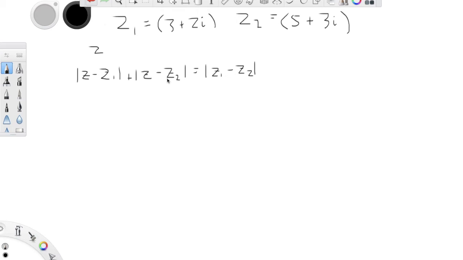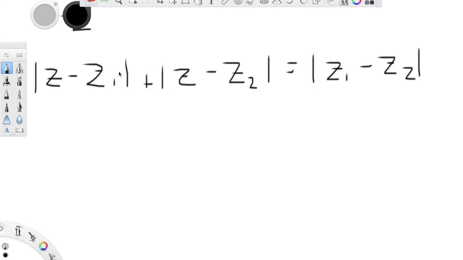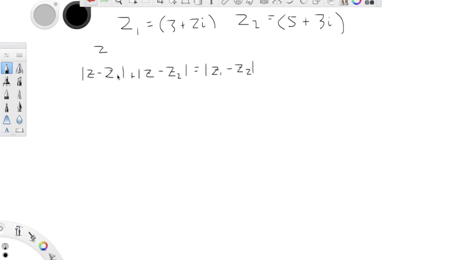Alright, cool. So we've got this equation here. Let's start by subbing in our values for z1 and z2, and we can let z equal x plus yi.